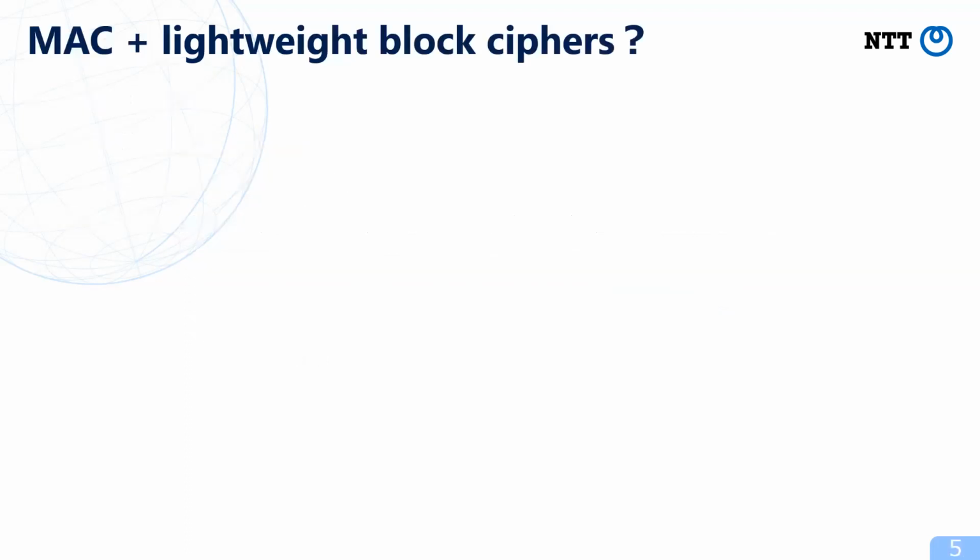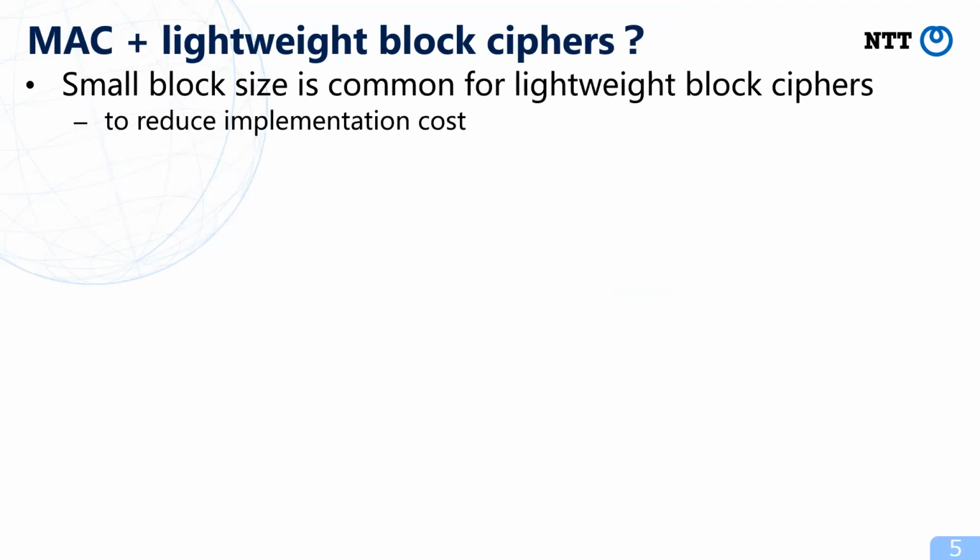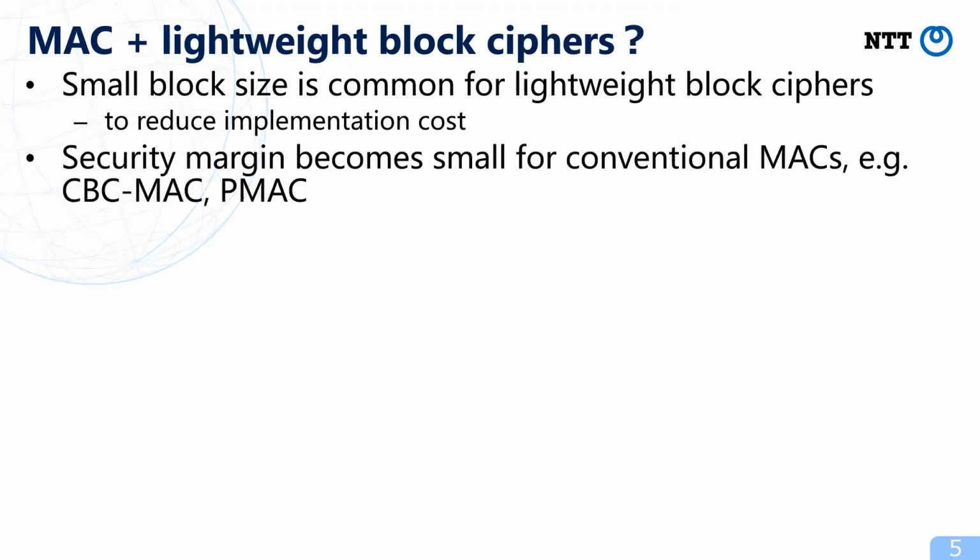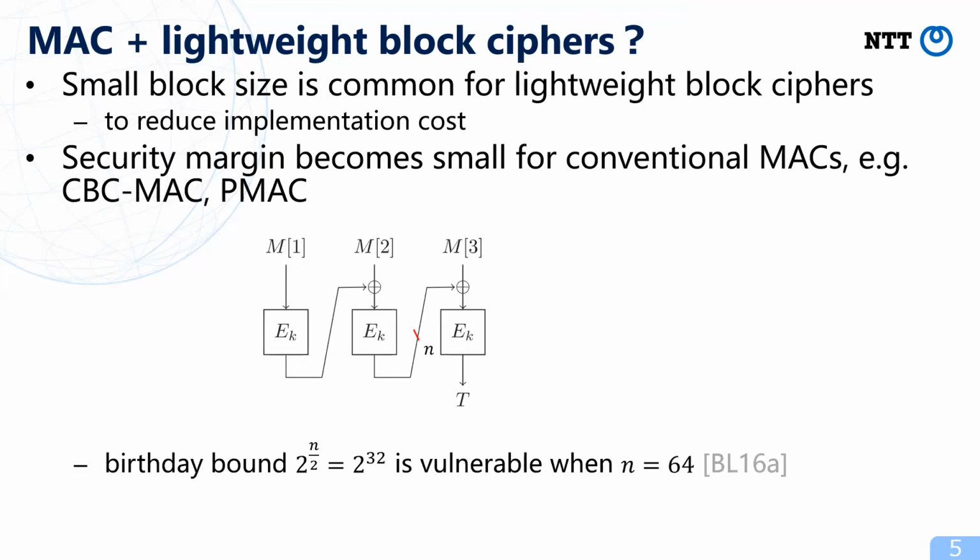So one might think, okay, I can just take any MAC and plug in a lightweight block cipher, because we have a lightweight block cipher. That can work, but you have to be careful that lightweight block ciphers usually have a small block size, to reduce implementation cost and be more lightweight. And if you take a conventional MAC like CBC-MAC or PMAC, you might run into trouble because the mode of operation is only secure up to the birthday bound, which concretely means if you have a 64-bit block cipher, it's only secure up to 2^32 tag authentications.